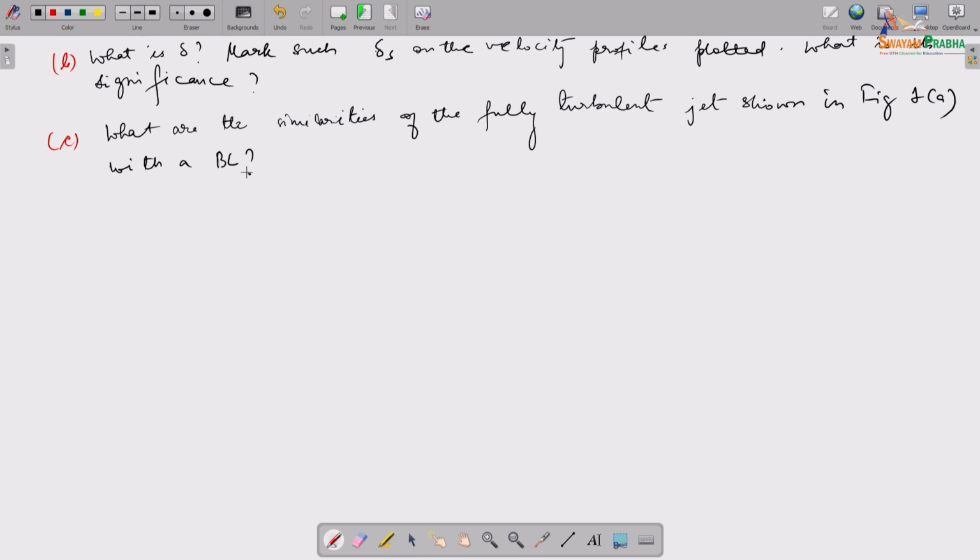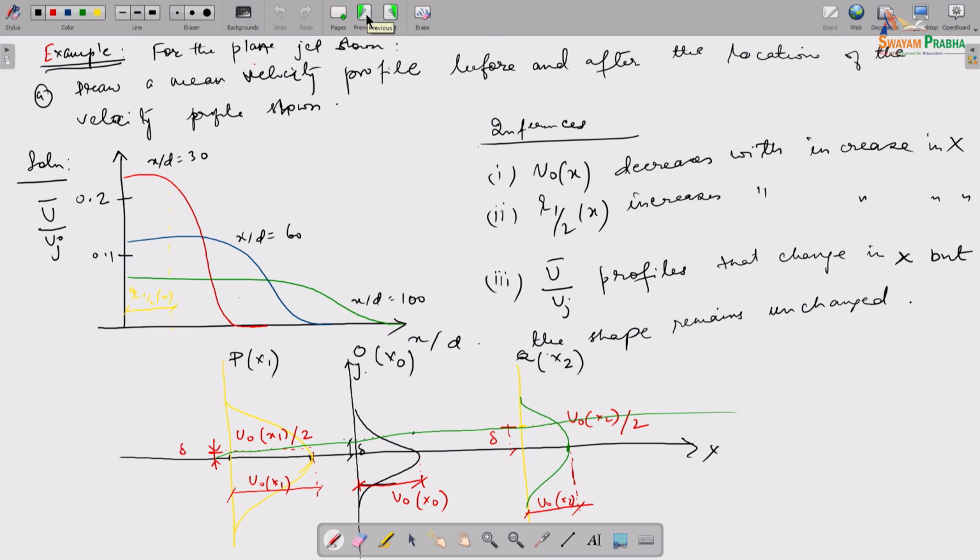Draw such a boundary layer for the same jet. This is something I am going to leave to you to see if you can do that.